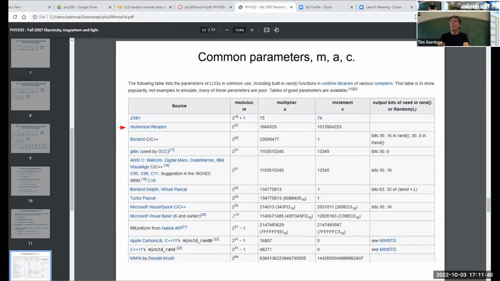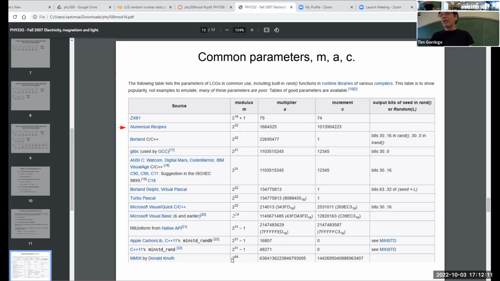So this table just shows you real numbers that were used by real random number generators over the years that use this arithmetic approach to generating random numbers. You see the M values, there's lots of 2 to the 32s, 2 to the 16, 2 to the 64.